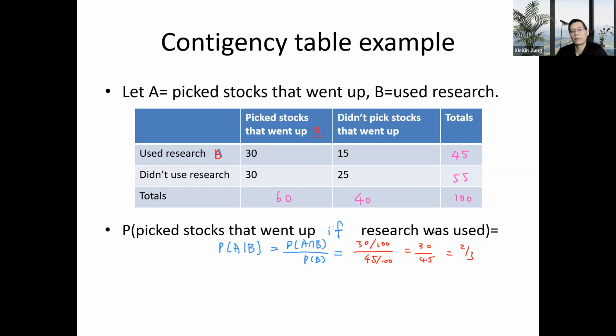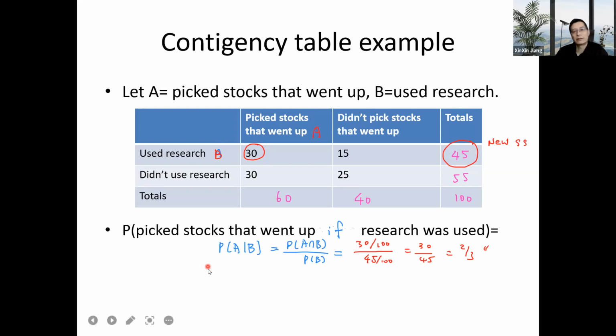That's 2 out of 3. Or for a contingency table, it's really pretty easy to work with counts. A given B, so B is known. So this is the new sample space. You're not considering this group of people. And within those 45, 30 picked stocks that went up. So it's 30 out of 45. Same thing, same as this.